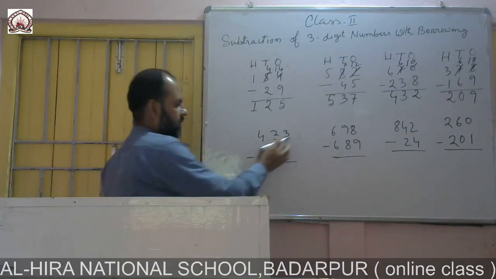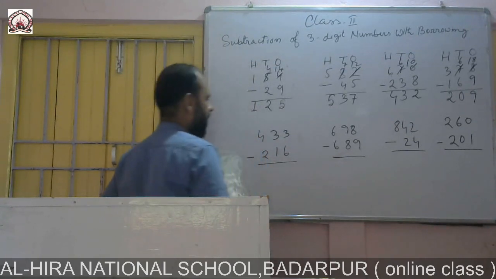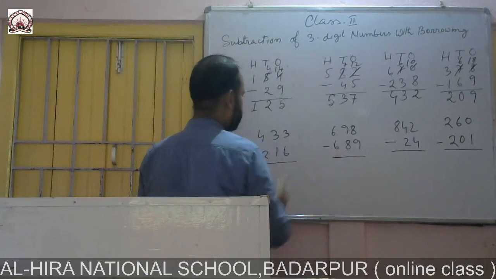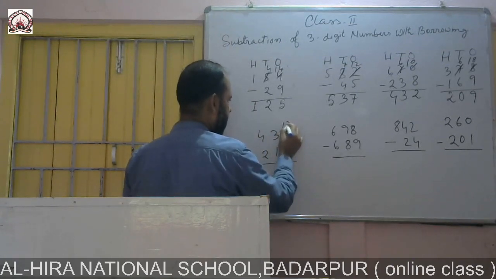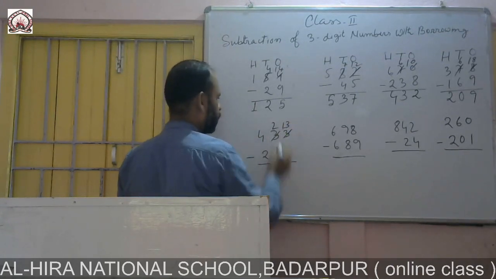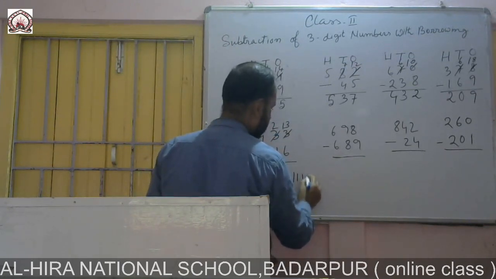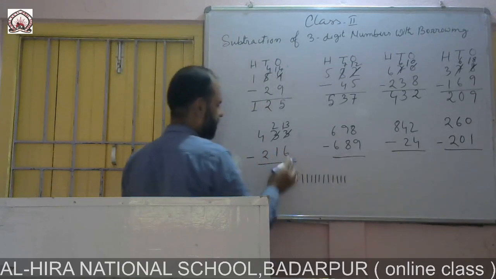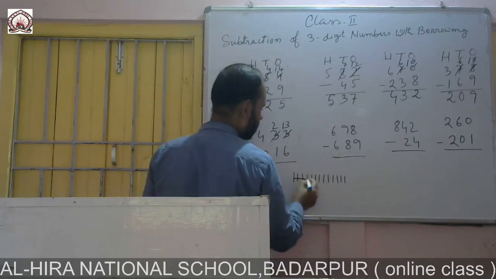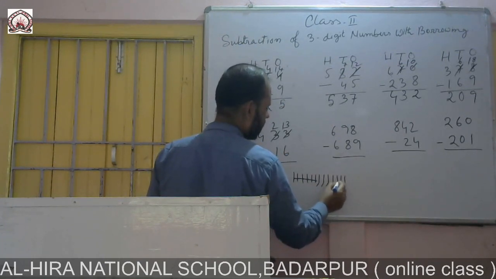Here 3 is small, 6 is big, so we can't subtract 6 from 3. We borrow 1, then there is 13, and there remains 2. 13 minus 6: 13 lines, we cut 6, remain 7.